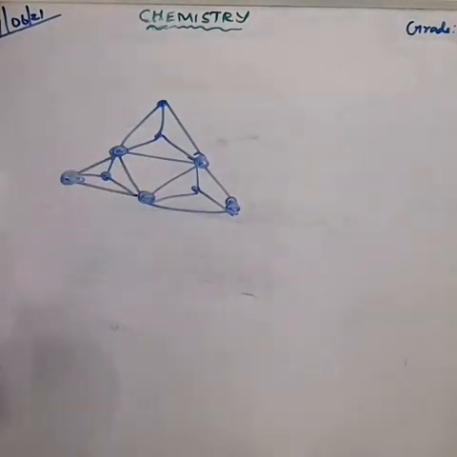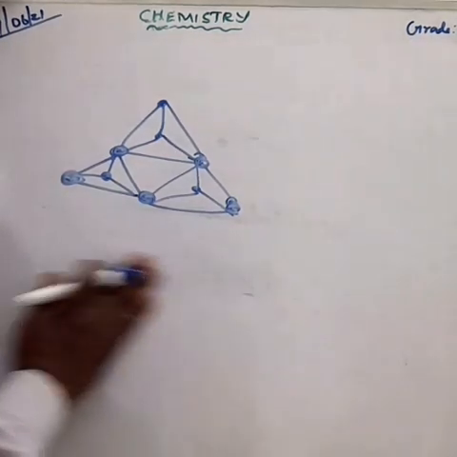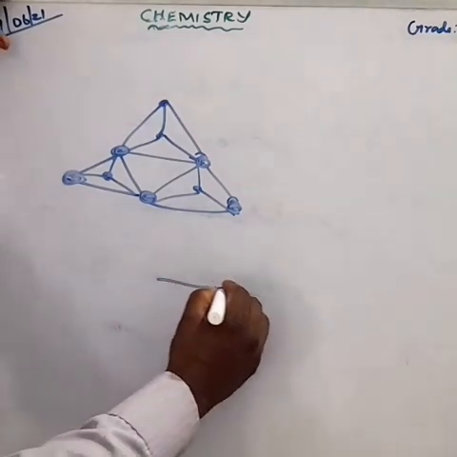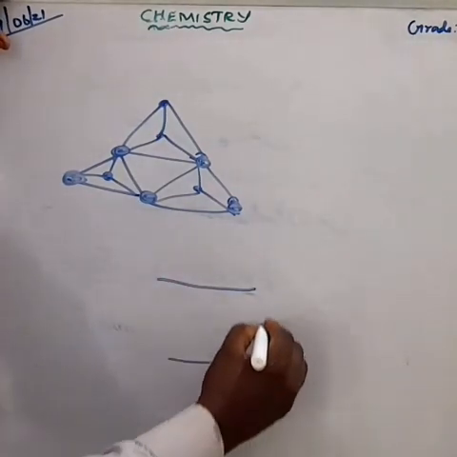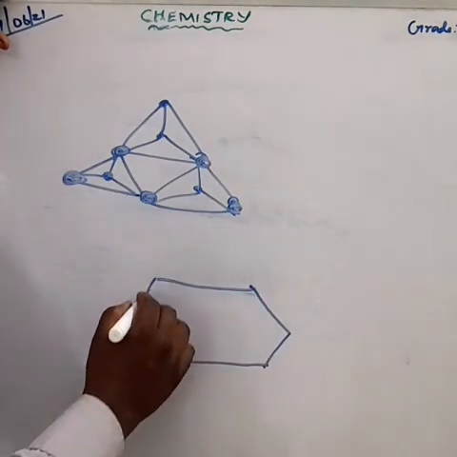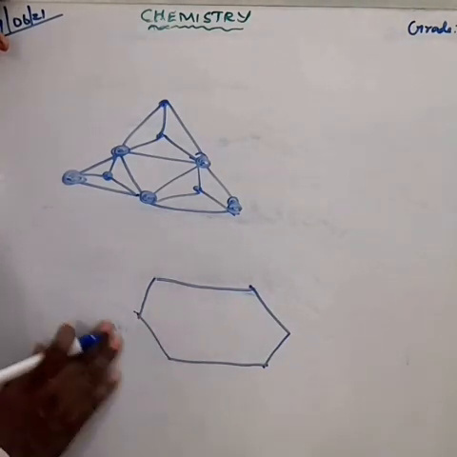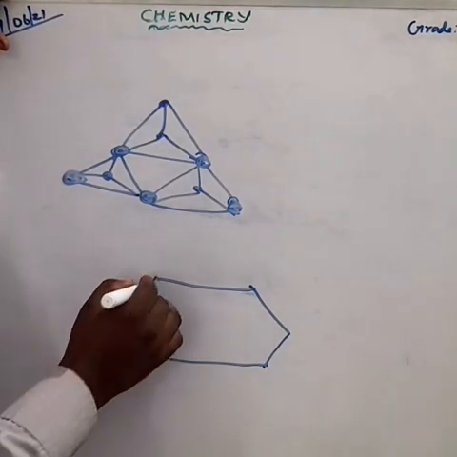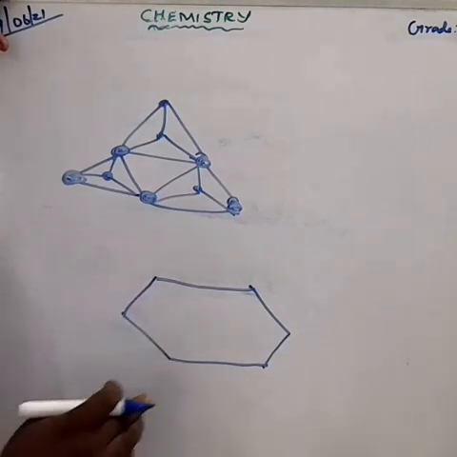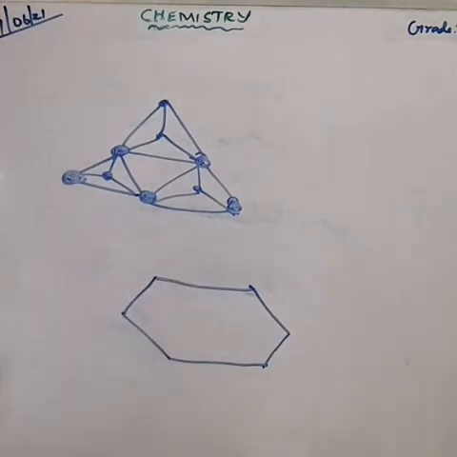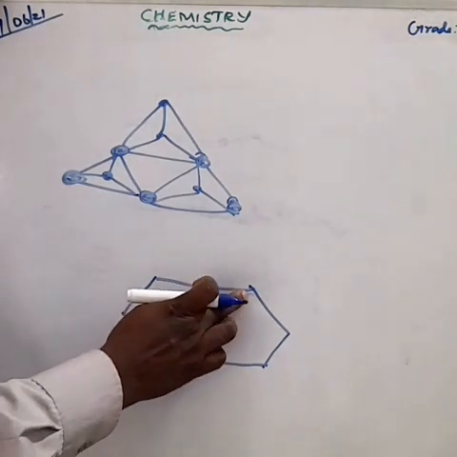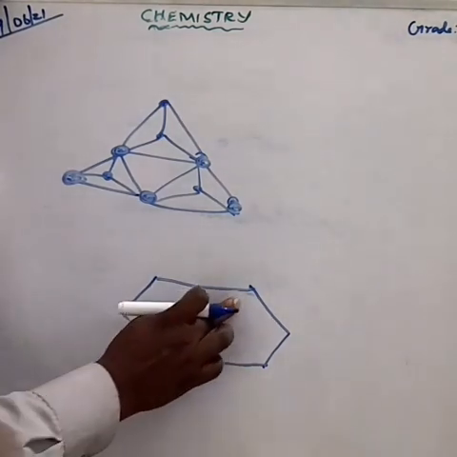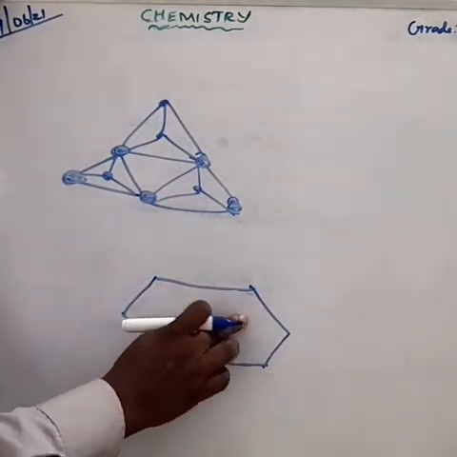Next, we have one type of big cyclic structure, so try to learn this structure. First, write a cyclohexane-like ring. I'm drawing it like that, can you draw like that? We get cyclohexane. No need to put the ring of benzene, only the ring, and don't put the bond here.